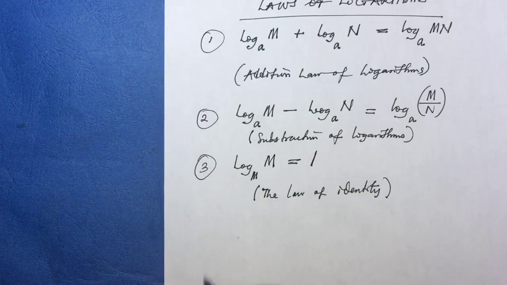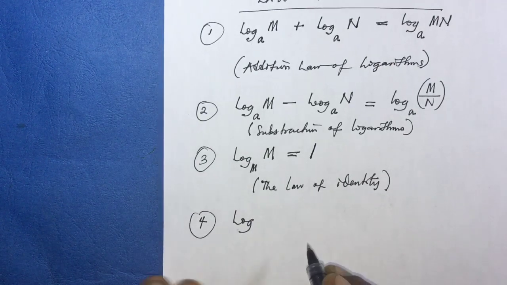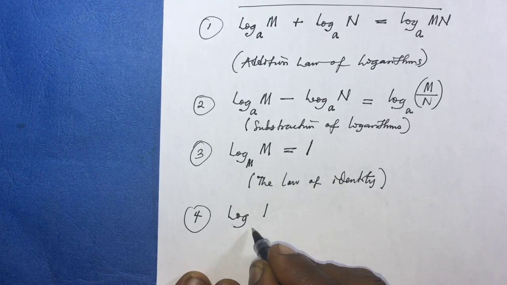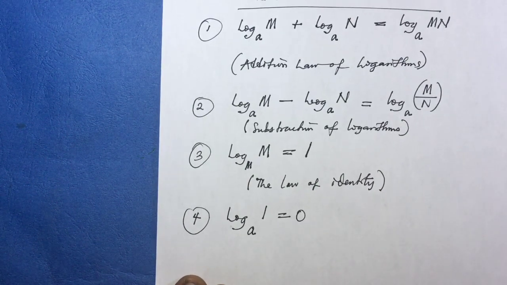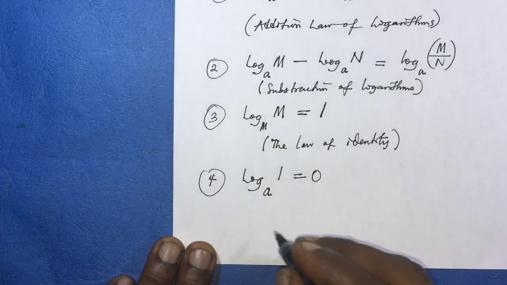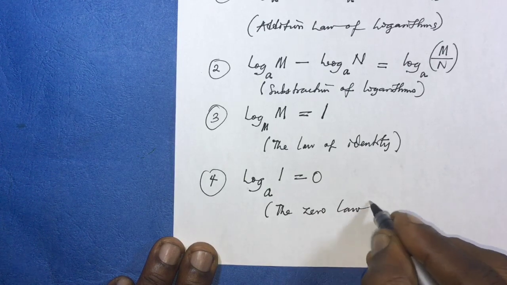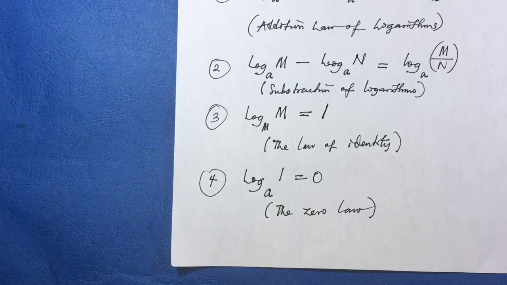Okay? Now, that brings me to law number 4. When you take the logarithm of the number 1 to a base a, the result will give you 0. So I'm going to call this the zero law of logarithm. Now, take note, I'm calling these laws by these names.